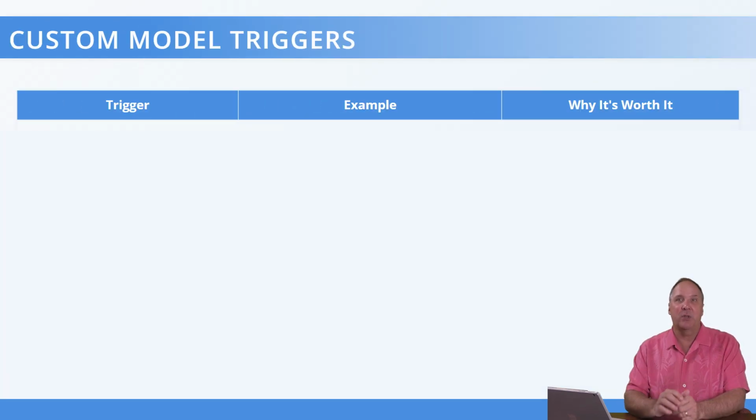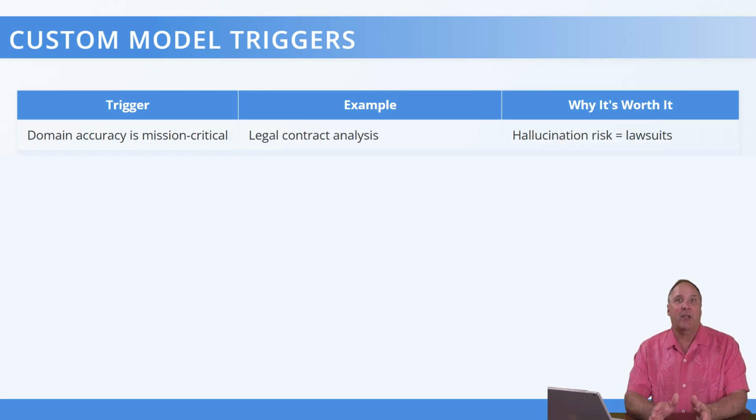Now, here's the important question. When do you go beyond routing and prompt engineering to actually build a custom model? The answer, not very often, rarely. But there are 3 clear triggers. First, domain accuracy. That's mission critical.